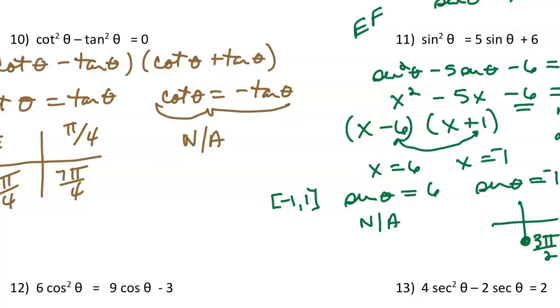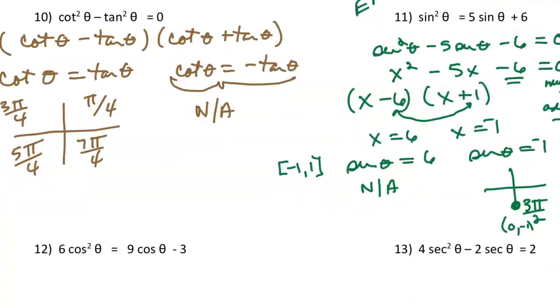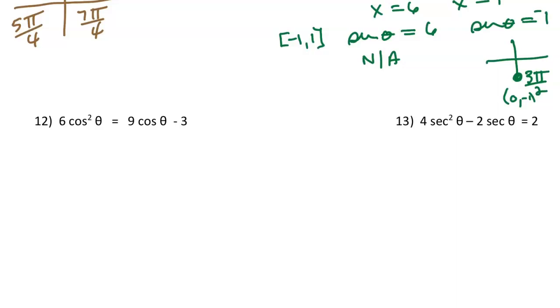The coordinate pair down there is going to be 0, comma, negative 1. And that's how I got that answer of 3 pi over 2. So here, the only angle that I can get is the 3 pi over 2 because where sine theta equals 6, there are no angles that have that value. Okay? All right, let's keep going.